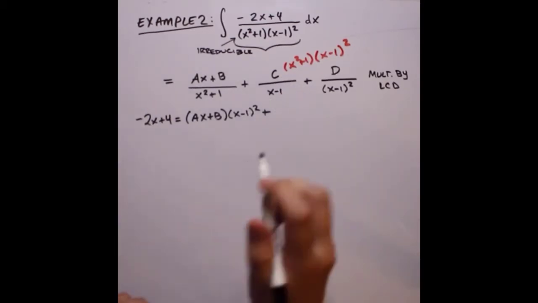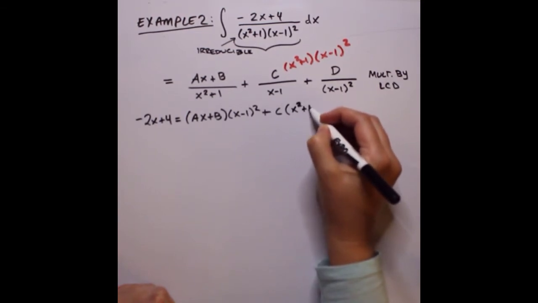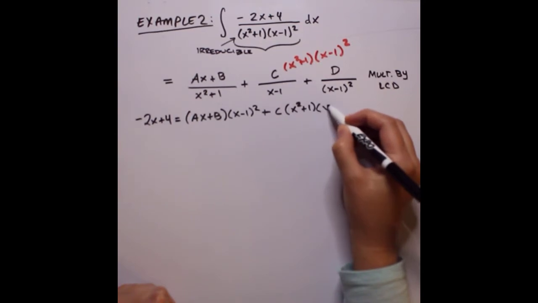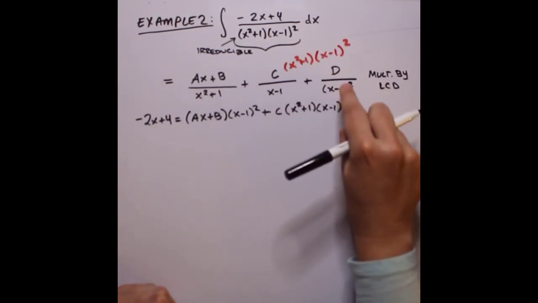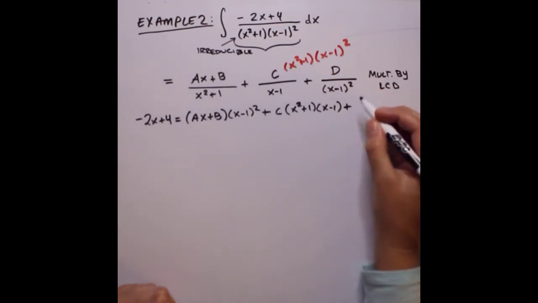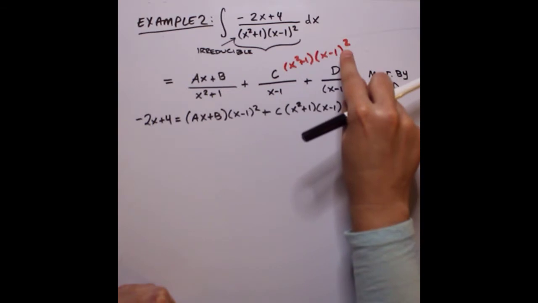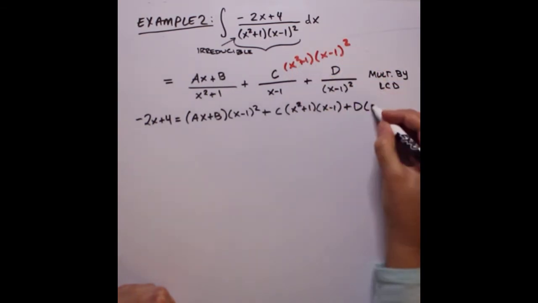What's left is c times x squared plus 1 times the one remaining x minus 1 factor. Then the same LCD multiplied by the last term, the x minus 1 quantity squared divides out, and you get d times x squared plus 1.